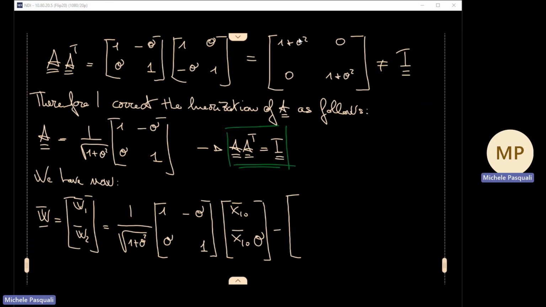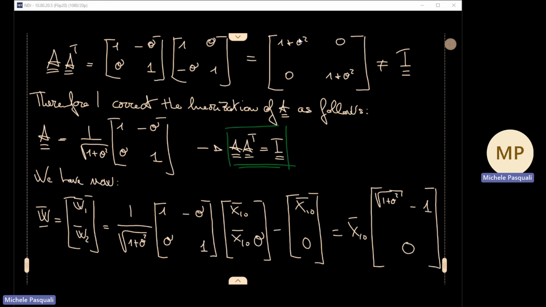So it has basically 0 as second coordinate because it has to stay on the axis, prior to the deformation. So it's like this. And so eventually this amounts to x10, if you do the count, which multiplies the square root of 1 plus theta squared, minus 1, and 0. So this is W.